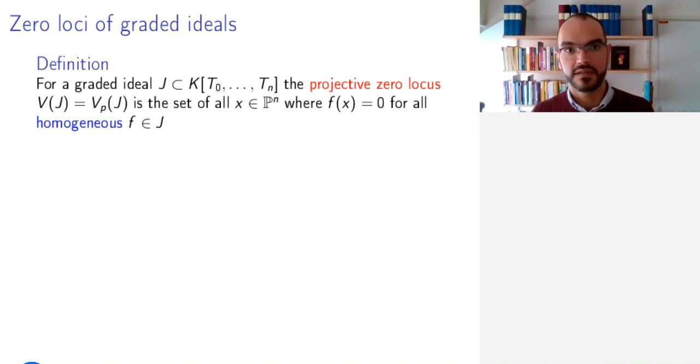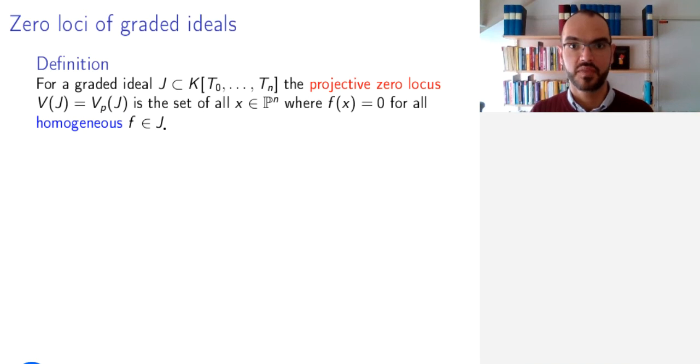So now we can define the zero loci of graded ideals. So go back to the definition of zero loci in projective space of homogeneous polynomials if you have forgotten what that is. And so now if we have a graded ideal, a homogeneous ideal J in the polynomial ring in indeterminates T0 to Tn, its projective zero locus V(J), V_P(J) if we need to emphasize projectivity, is the set of all x in projective space where all homogeneous elements in J vanish.